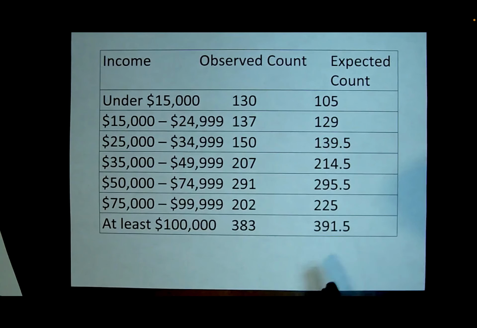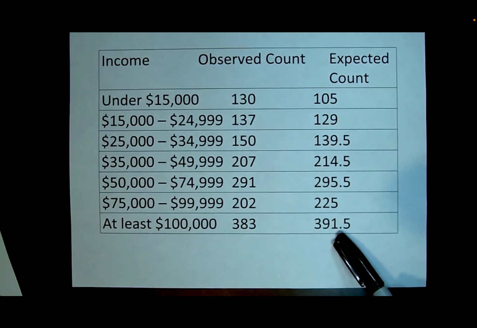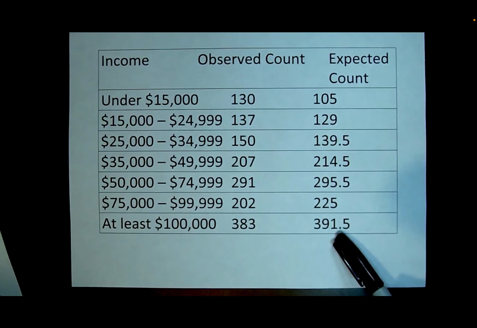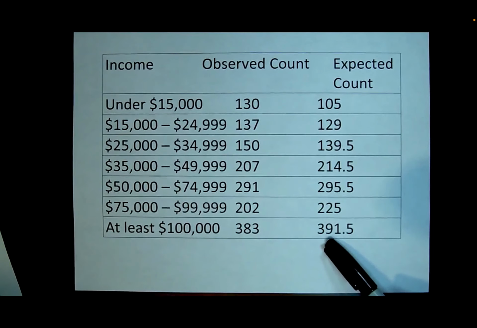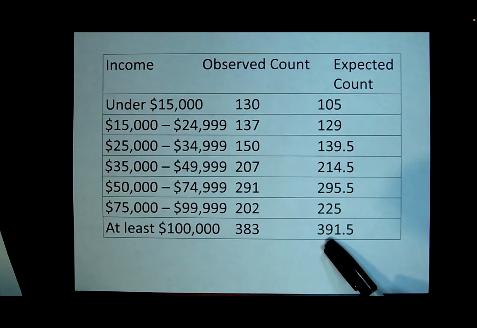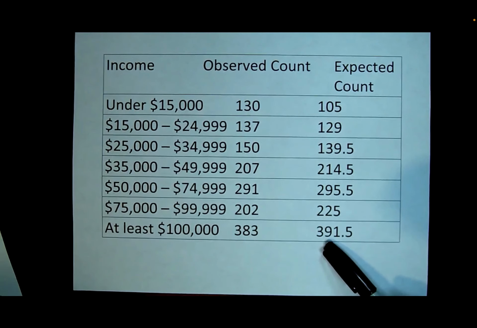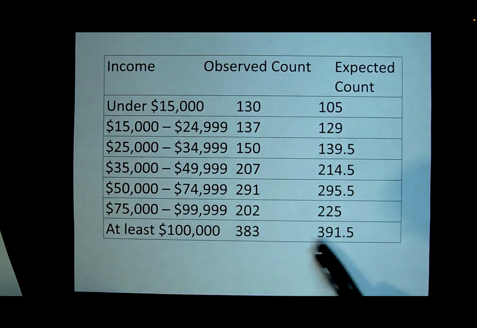So again, remember what this expected count is. If the distribution is the same with the same relative frequencies and probabilities, if it's the same as it was in 2000, these are the numbers we should get. Now, you'll never probably get the same numbers with a different sample, especially taken at a different time. But how far off are these?